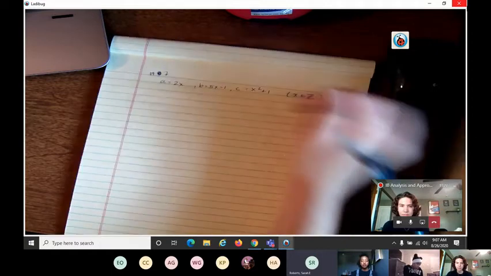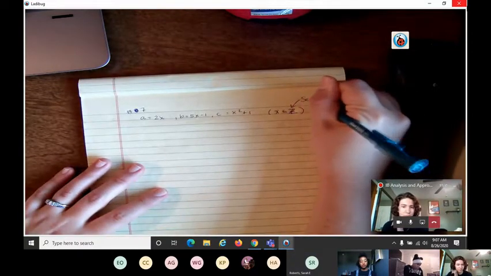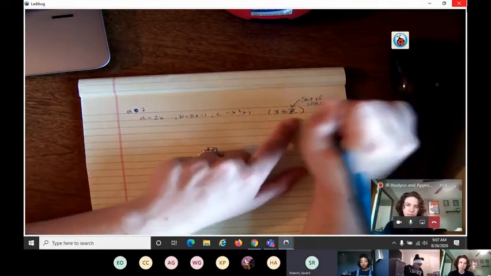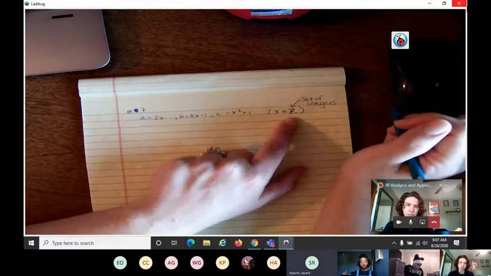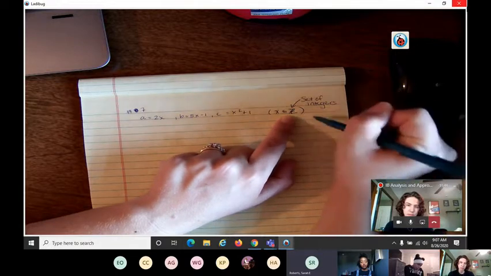This double barred Z is the set of integers. This font is called Blackboard Math. And whenever you see it, it means the set of, and Z always represents integers.